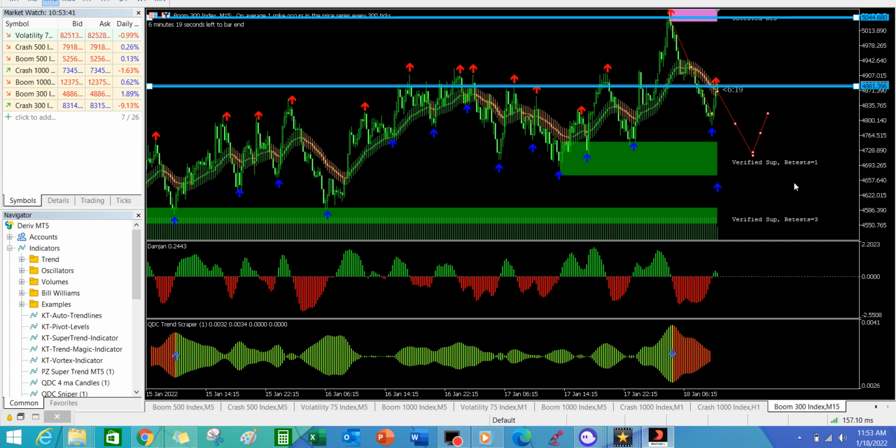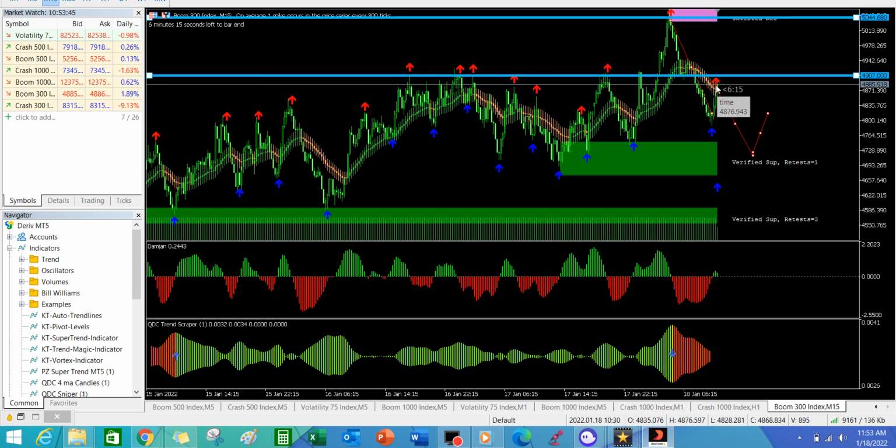Remember, this is 15-minute time frame. Check it out. Ever since the red arrow came out, it has been going down. You can imagine you trading on 15-minute time frame, and it has been going down for about 5-10 minutes. That will have given you lots of profit at that particular point, most especially when you know that the signal you are following is in support of your current trend.